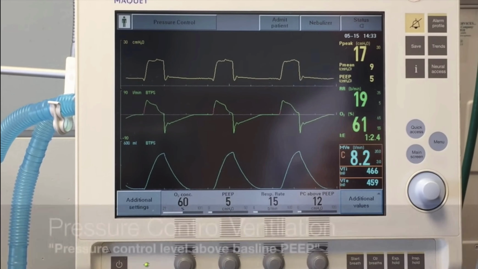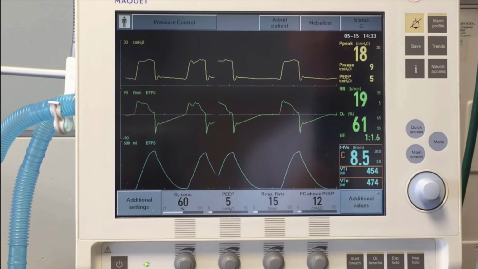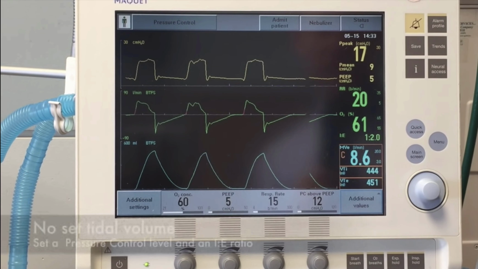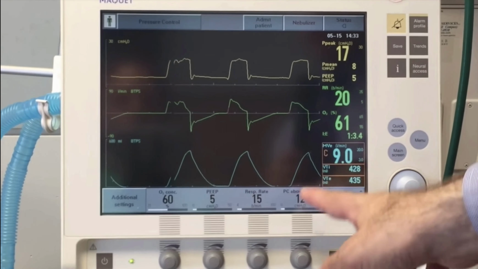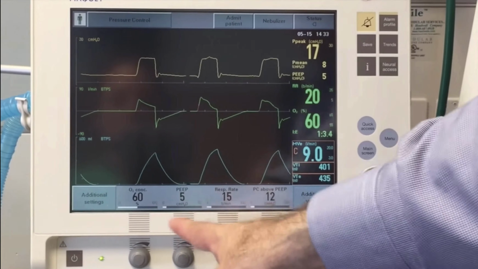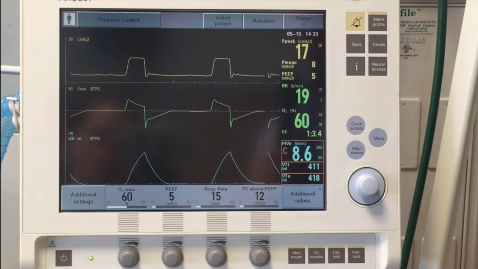This is an example of what the Servo-i looks like if you set the patient on pressure control. Again, as I mentioned before, you don't set a tidal volume, you set a pressure control level above a certain PEEP. And here, for example, we're on pressure control 12 over a PEEP of 5 with a total pressure target of 17.